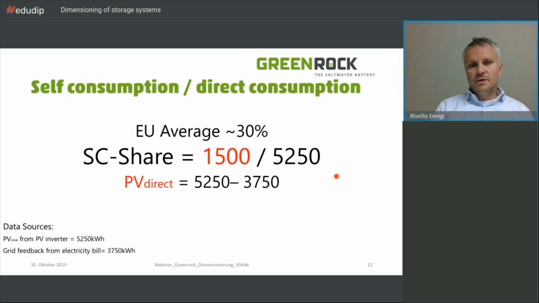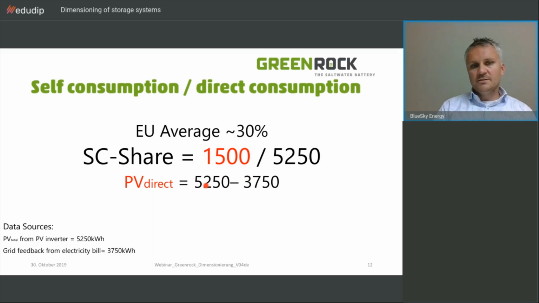Again, just putting it with a couple of numbers, assuming that the total PV production is 5,250 kilowatt hours, which we can obtain from the PV inverter. We have a grid feedback from your energy bill of 3,750 kilowatt hours.